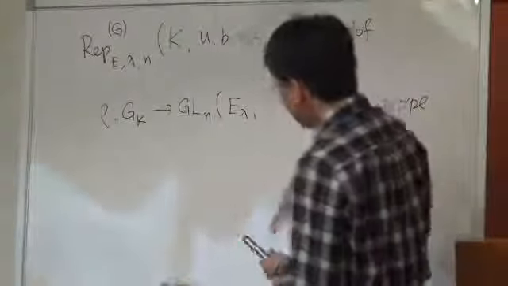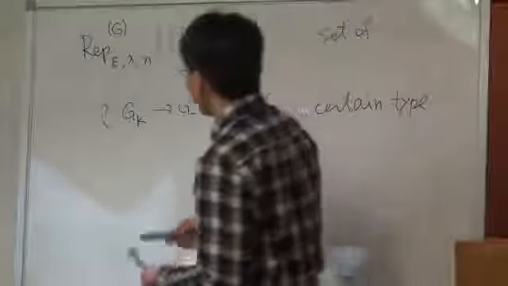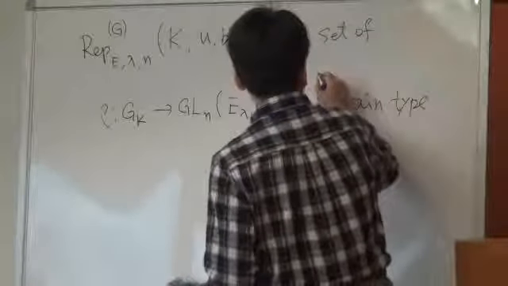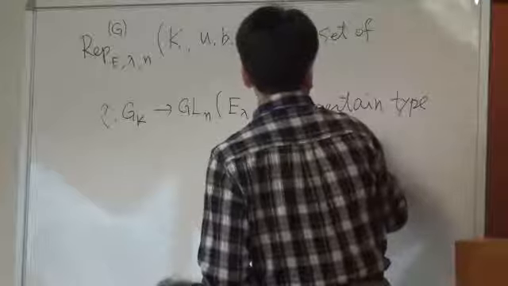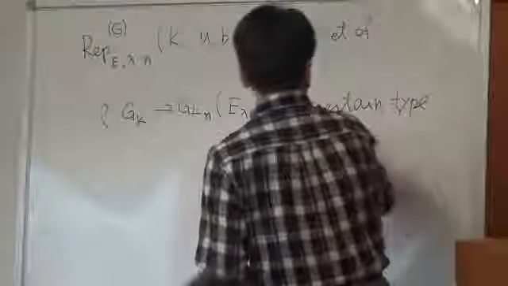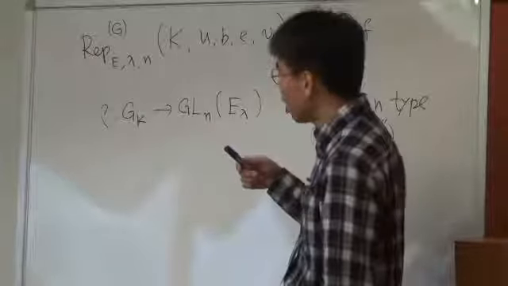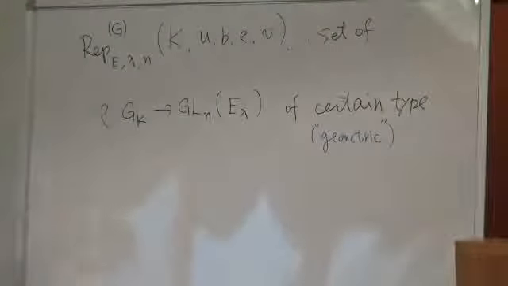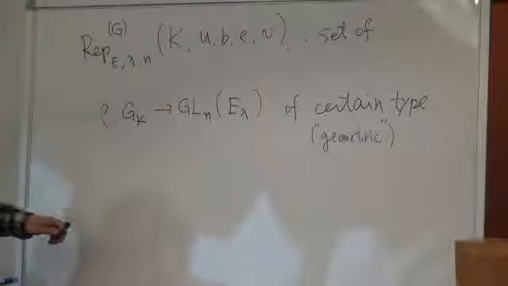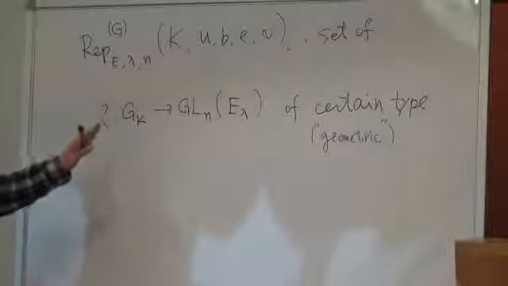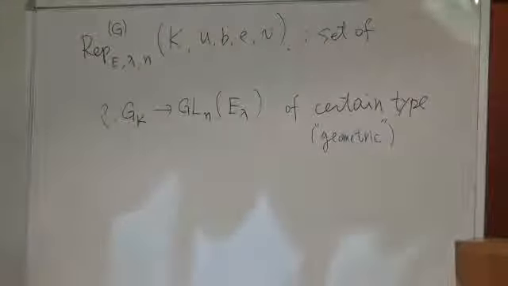I will explain this more precisely later. It means kind of geometric: I assume several properties which étale cohomologies are supposed to have, and we impose several conditions.